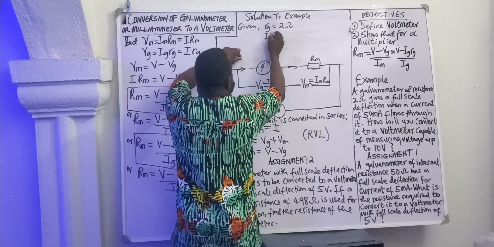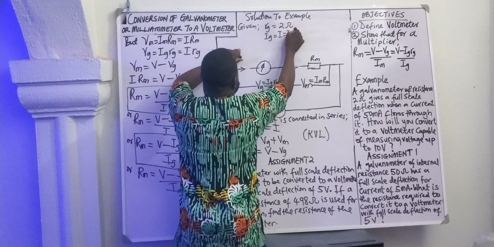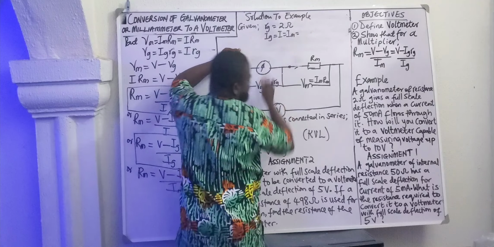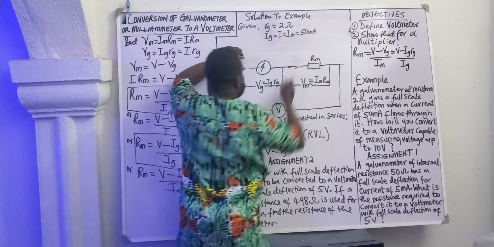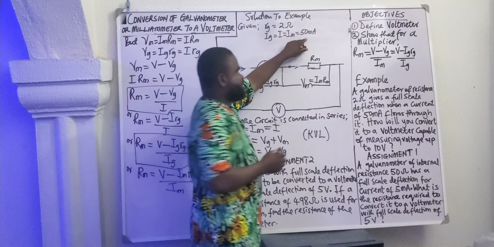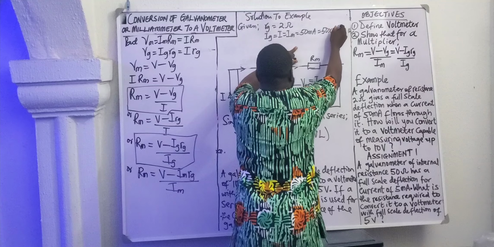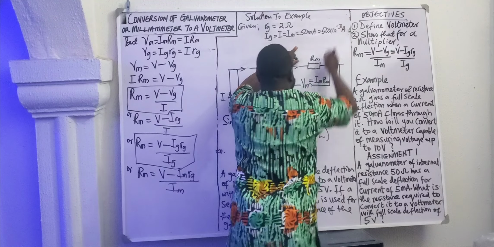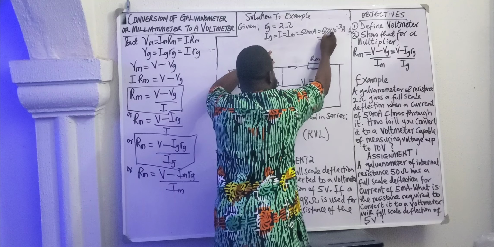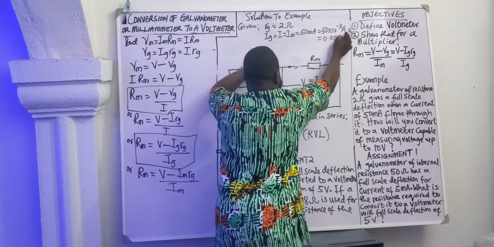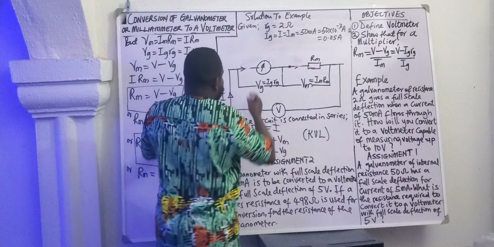That is the same thing as Ig. Like I've said, it is the same thing as I and the same thing as Im. All of them are the same, given as 50 milliamp. You must remove that milli sign by multiplying. This becomes 50 times 10 raised to the power of minus 3 amp, which is the same thing as 0.05 ampere. So that is the current of the galvanometer.